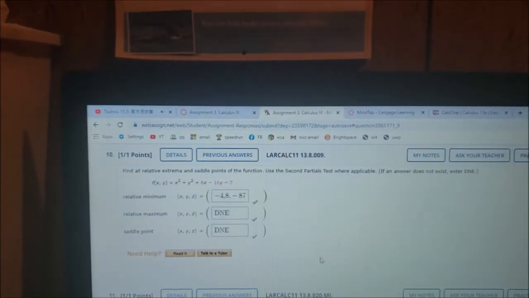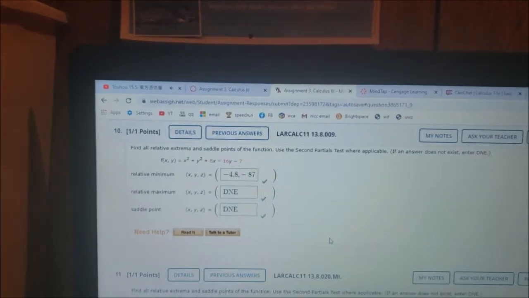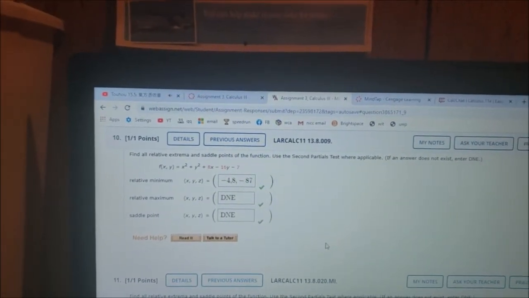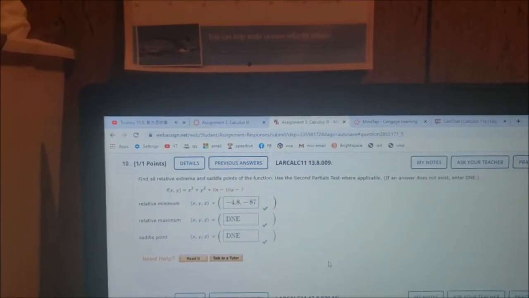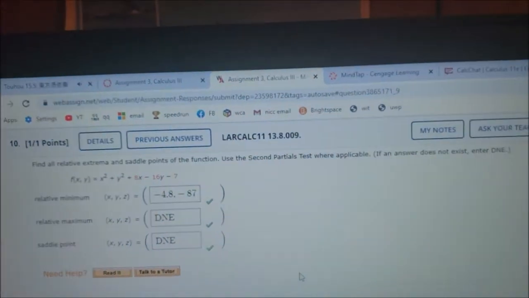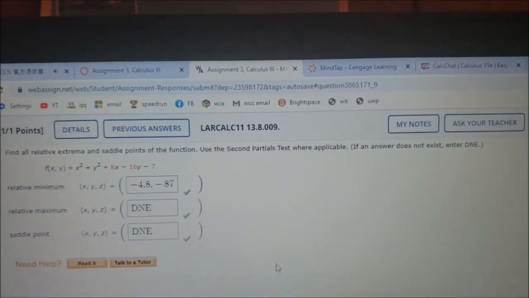I don't know if I explained the questions already, but I'm just finding points. I'm finding the relative minimum and maximum points. There wasn't anything too complicated. I didn't even have to use the second partials test. Thank you very much, question, for misleading me on that. It says use the second partials test where applicable, except it's not applicable. So why did you make me write all this stuff? Are you serious? Whatever.